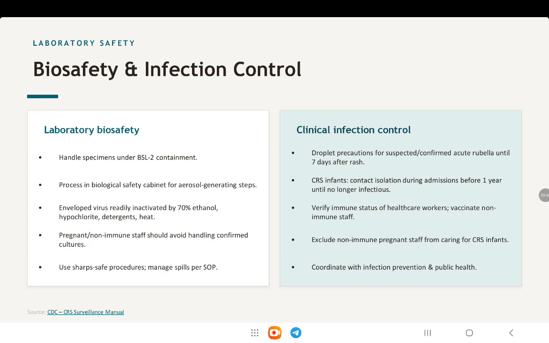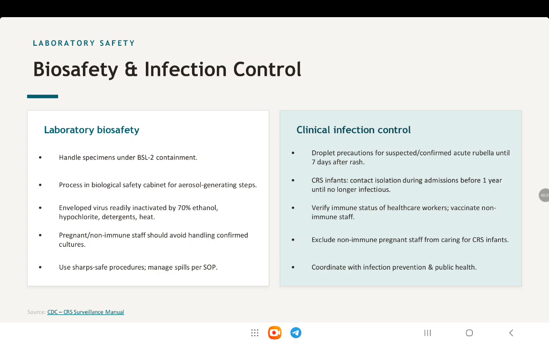Pregnant laboratory workers who are not immune should avoid handling confirmed rubella cultures because of the risk of infecting the fetus. In the hospital, a patient with suspected or confirmed rubella should be placed under droplet precautions until 7 days after the rash began.